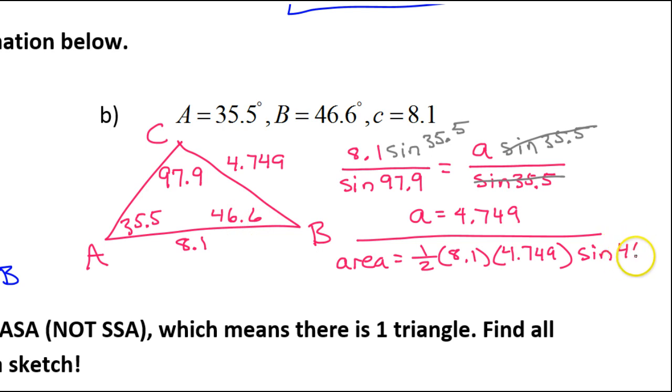So the sine of 46.6. And I'm just going to put all that in my calculator. I am getting 13.975 square units.